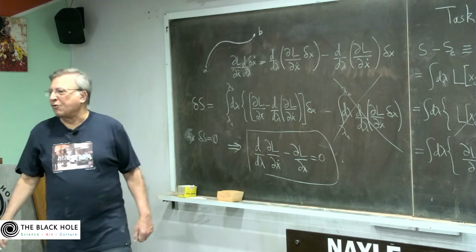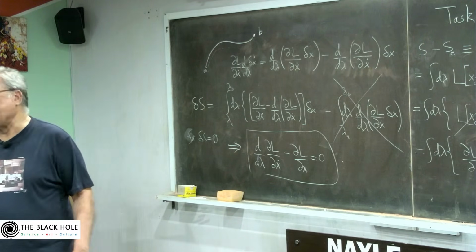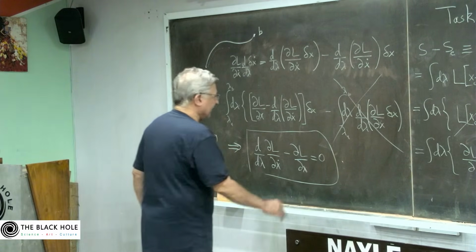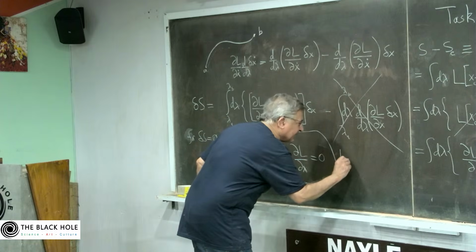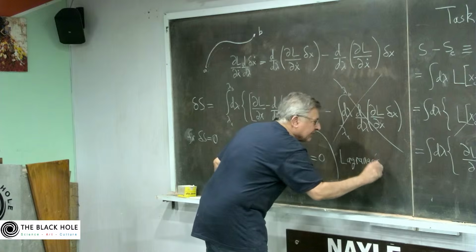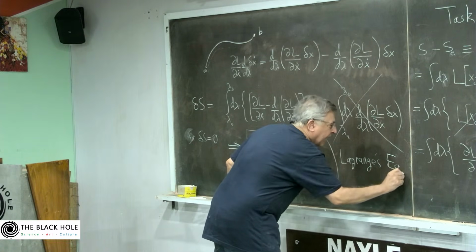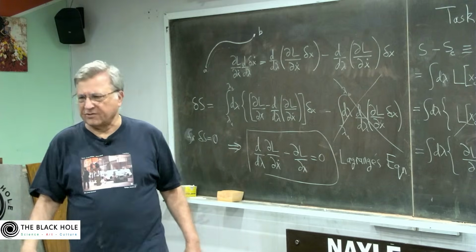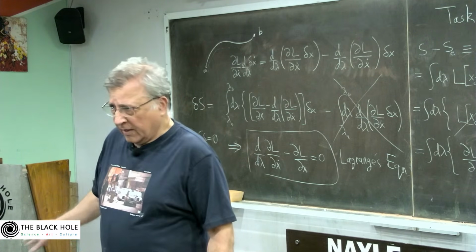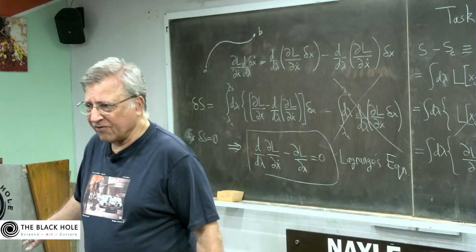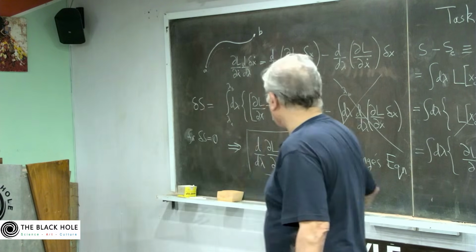And this is what is called Lagrange's equation. And this is extremely, extremely important in every branch of physics. Let's have a discussion on this if there's anything here that you did not understand, because it's so very important.